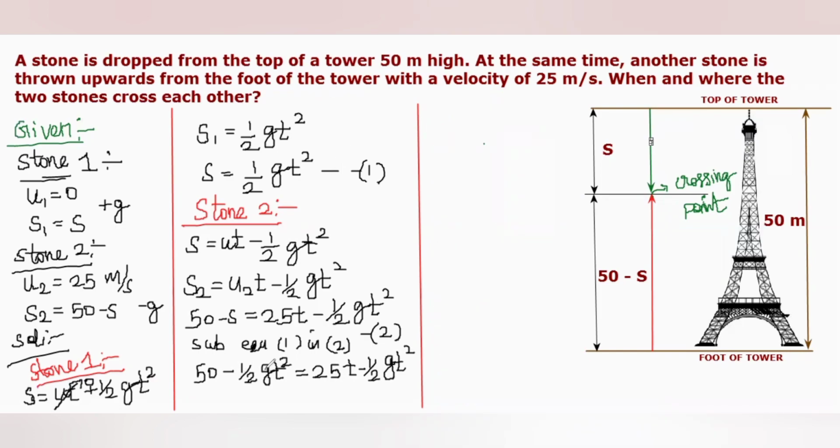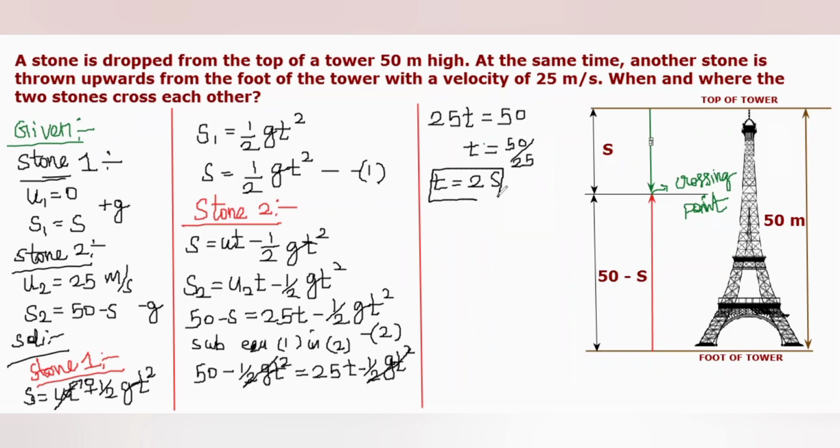This side has minus 1/2 gt², and this side also has minus 1/2 gt². Both we can eliminate. So the remaining terms are 25t equals 50. From this we get t equals 50 by 25, that is t equals 2 seconds.